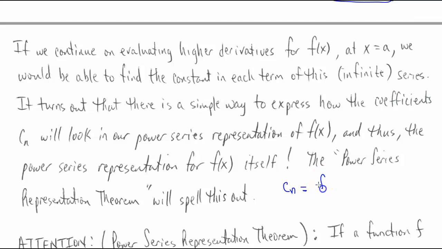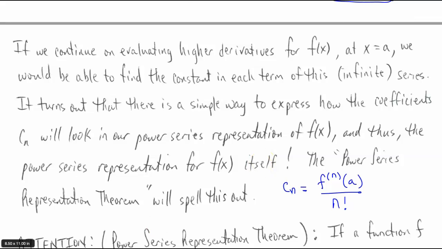We're going to have some c sub n that looks like this, where f with the parenthesis n is just the nth derivative of our function evaluated at a, divided by n factorial.